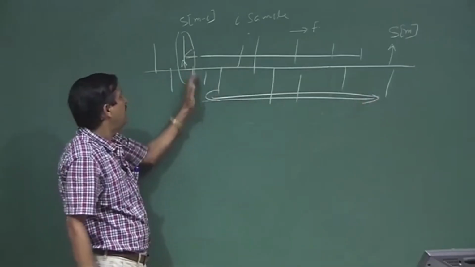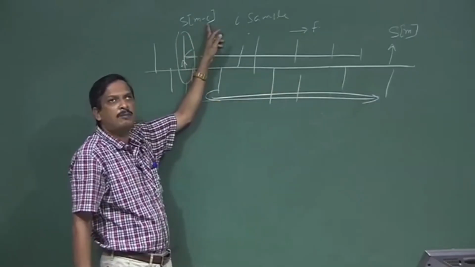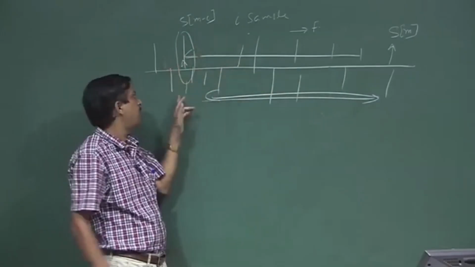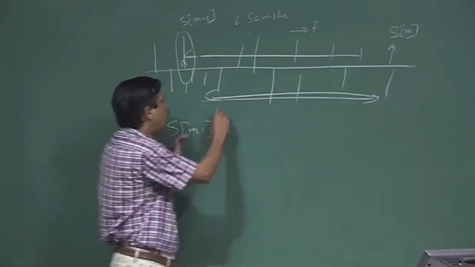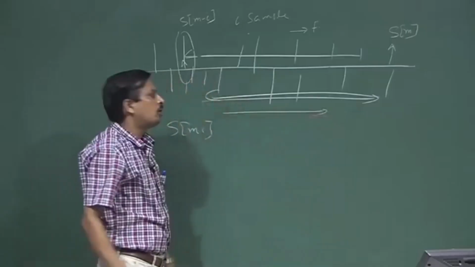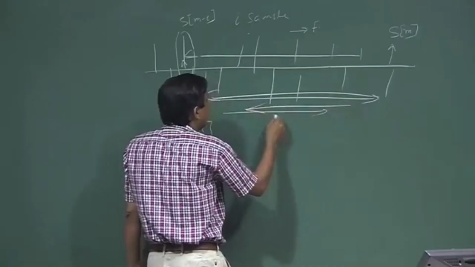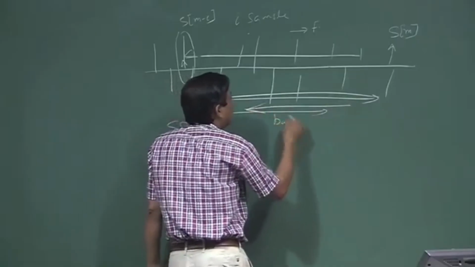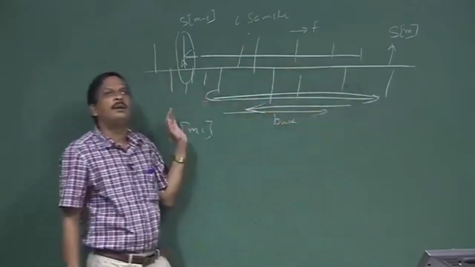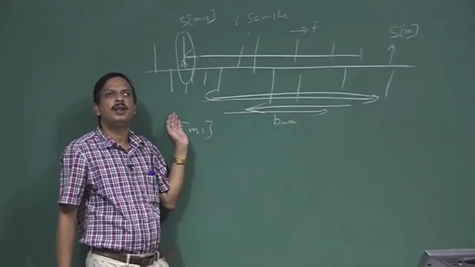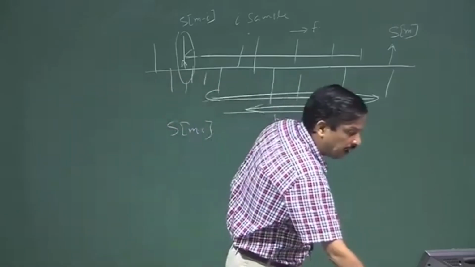So either I can predict S m from the i previous samples on this side, or I can predict S m minus i from the i samples on the other side. If I predict in this direction, it is called backward prediction. So there is forward prediction and there is backward prediction; I can do both ways. Let us see how we can do that.